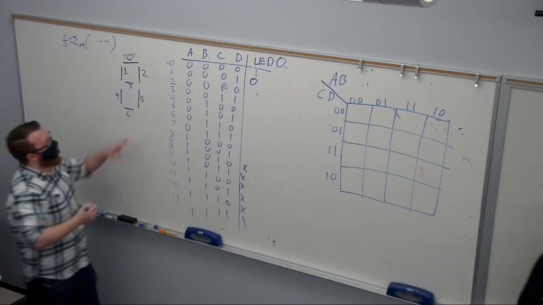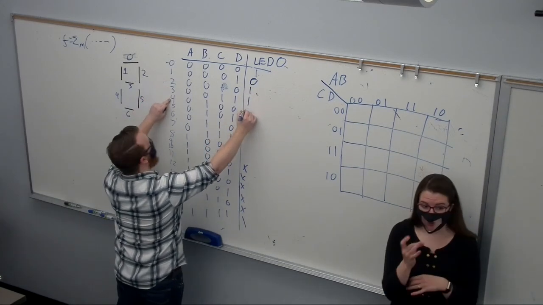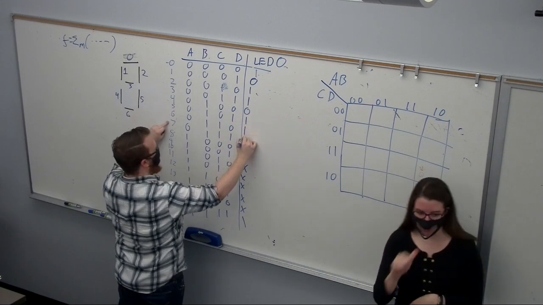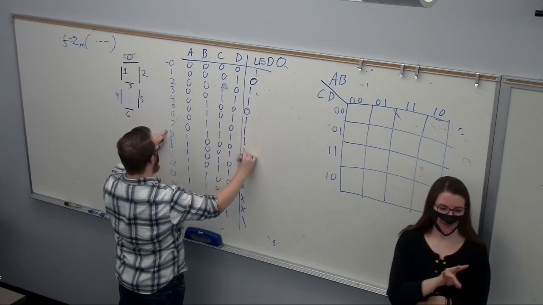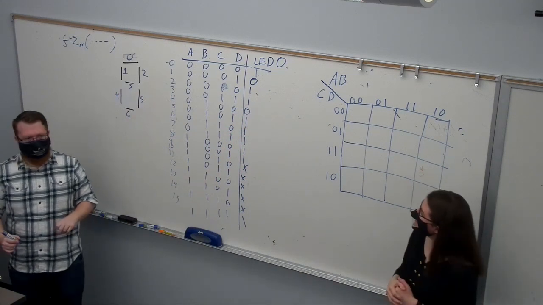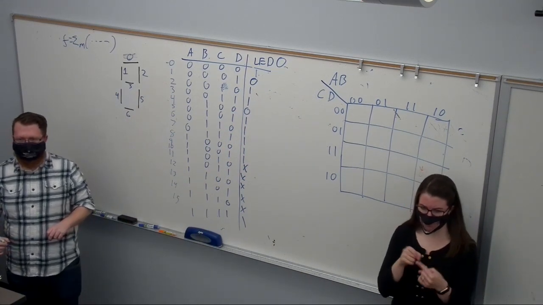Okay, I'll just go through this. It looks like 2 is lit up, 3 is lit up, 4 is not, 5 is, 6 is, 7 is, 8 is, 9 is. I think. Anyone disagree with any of those?